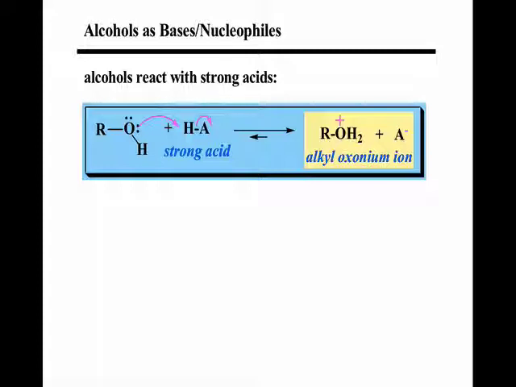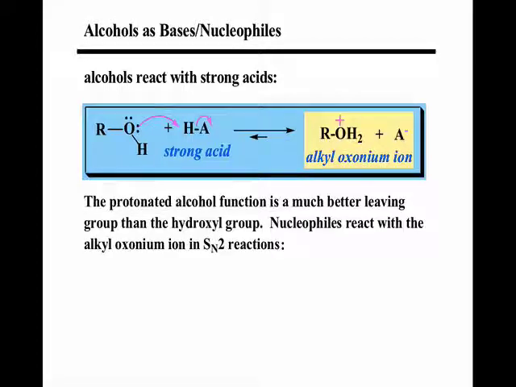Remember, the equilibrium always lies to the weaker acid, weaker base pair, right? So we end up with the alkyl oxonium ion, assuming this is something like HCl or HBr or something like that, right? You'd end up forming this species, okay? Now that we have that alcohol protonated, we have a pretty good leaving group.